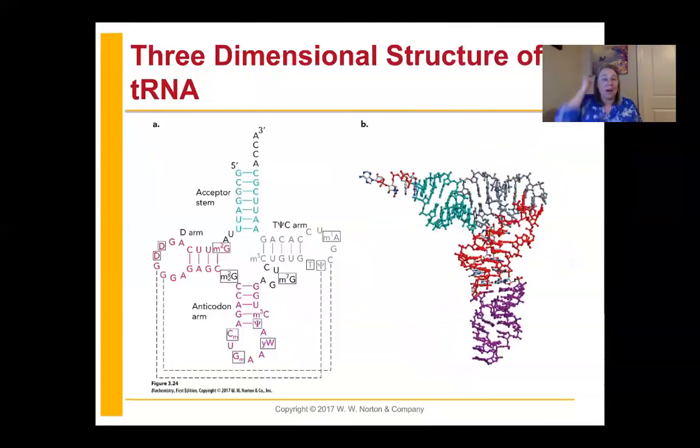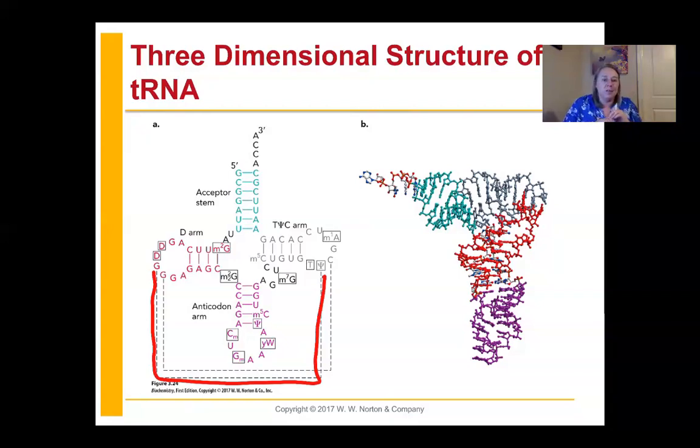So now let's talk about three-dimensional structure. When we talk about three-dimensional structure, tRNA is really the one that stands out. In order for tRNA to work, it has to maintain a particular tertiary structure. What you see is really the secondary structures that we talked about before. But these dashed lines here are places where distant places now come closer together and interact. And so you go from almost a plus sign structure to now an L structure.